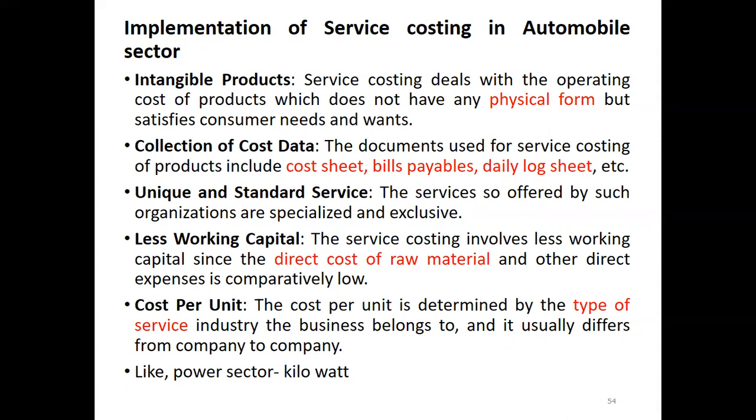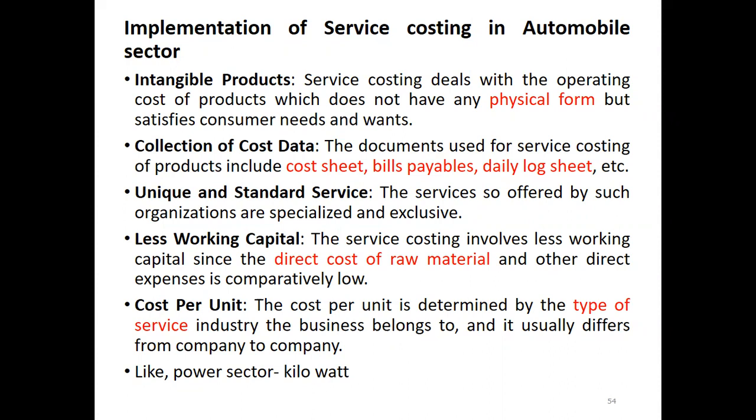Then cost per unit. We have to identify these areas and accordingly maintain our strategic cost. The cost per unit is determined by the type of service industry, and accordingly cost drivers are there.